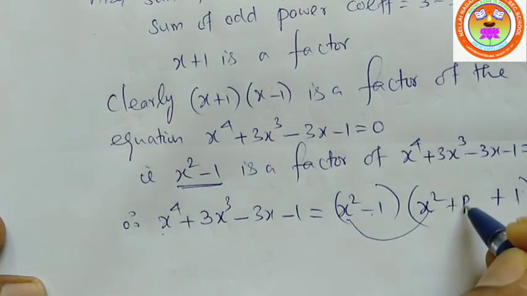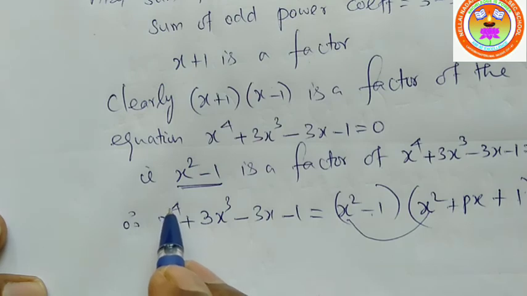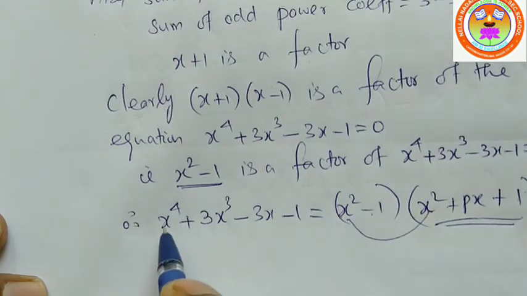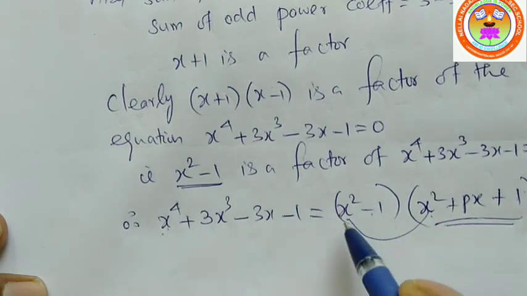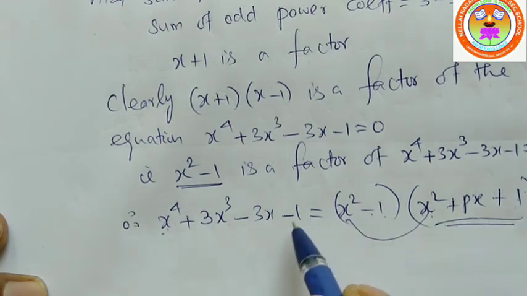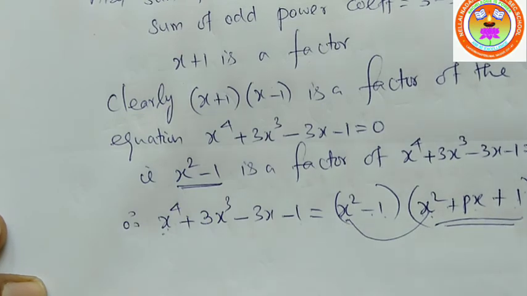Here we can add px. See, the degree is 4, so we require one quadratic polynomial. The product of first and first will give the first term, last and last will give the last term, but the middle term we can put as px. Now our aim is to find the value of p.